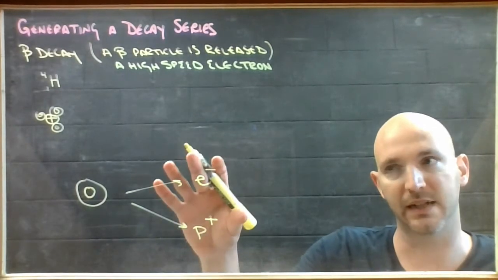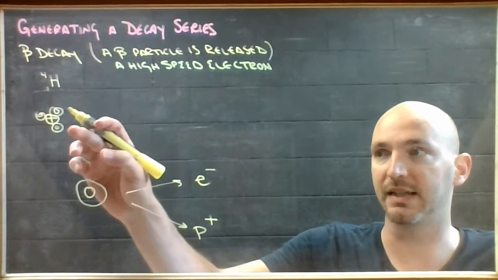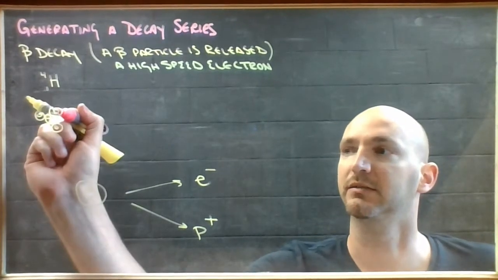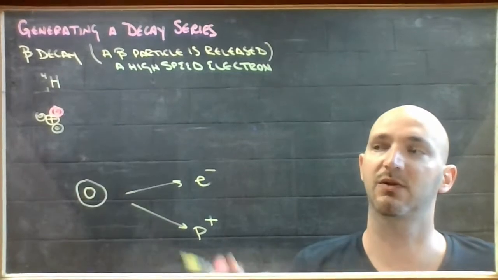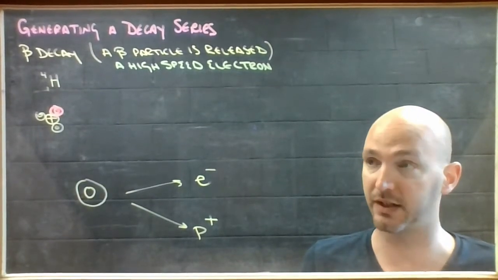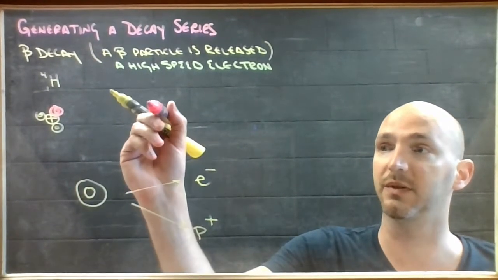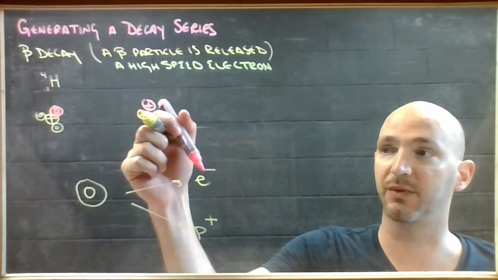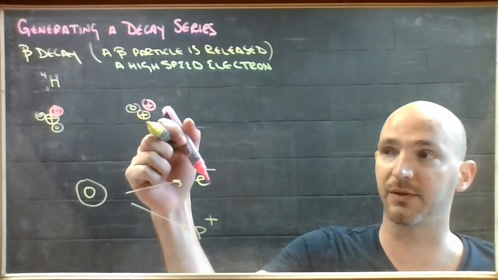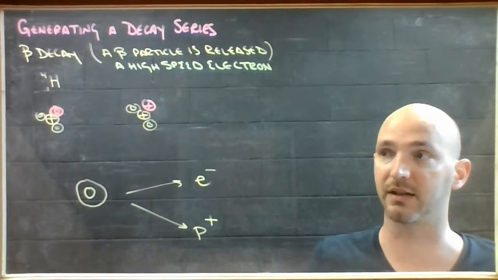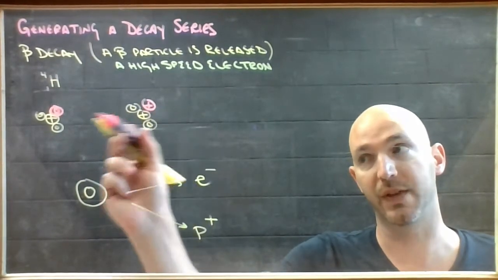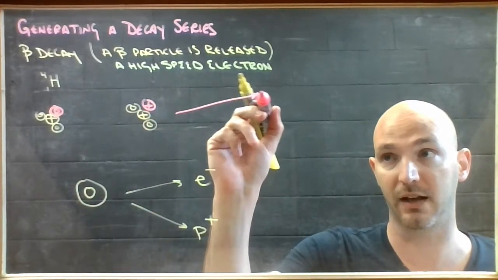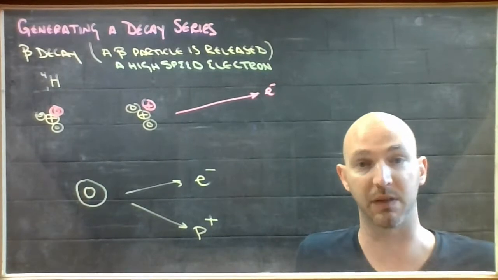So during beta decay, what happens is that one of these neutrons, let's color it in pink here, has decided that it is tired of being a neutron, so it becomes a proton. This proton was already there, these neutrons were already there. And in order for this neutron to convert to a proton, it fires out a high-speed electron.